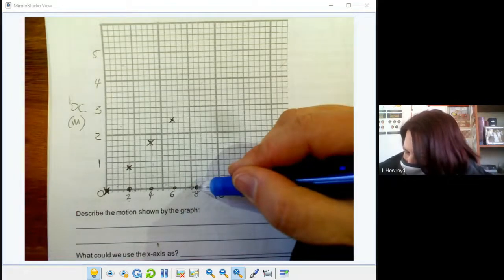8 and 3.4. So we know we're going to go up.